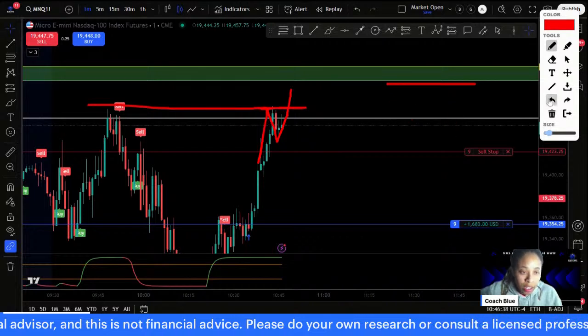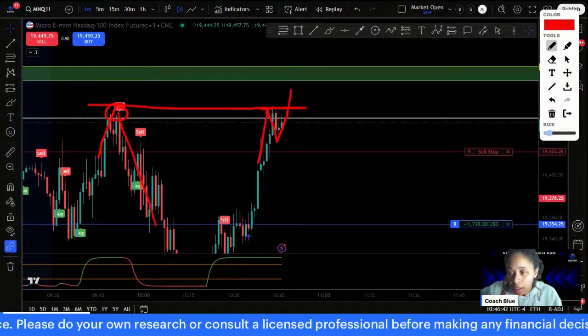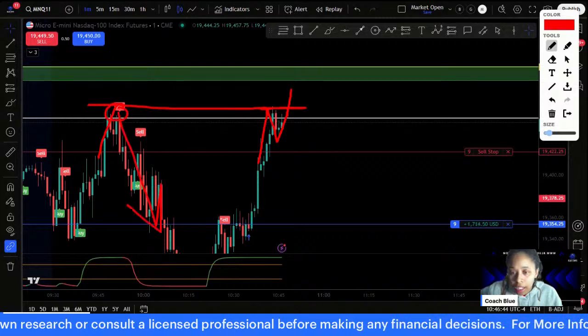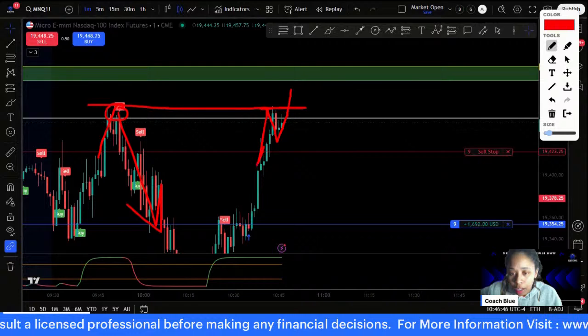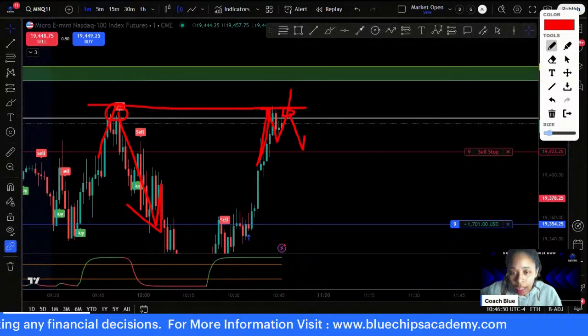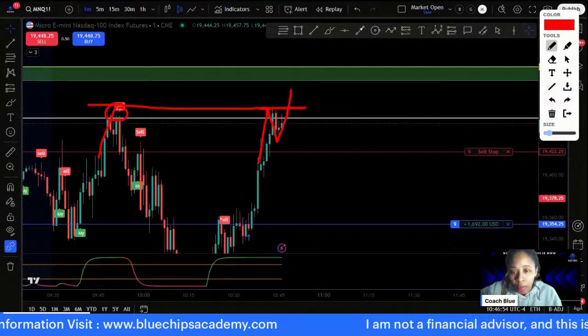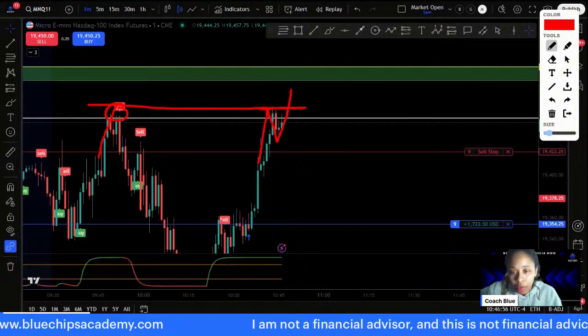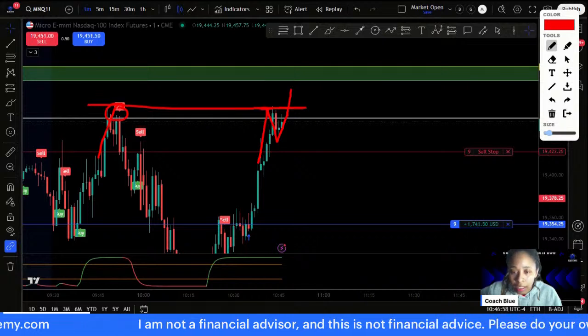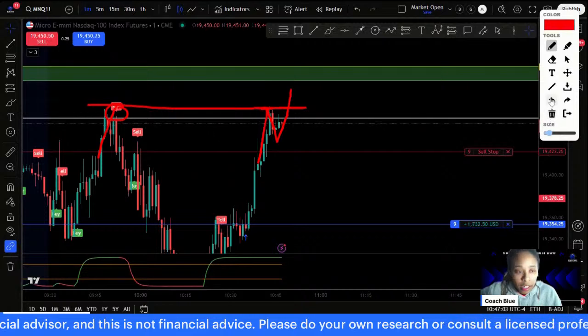So look at what price did. When price came up to this ceiling, it came down, right? So what I'm looking for is whether price comes back to this level and comes down, or breaks through. If it breaks through, then that tells me that this level of resistance is no longer as strong as it was in the past. All right, so let's see what we get.